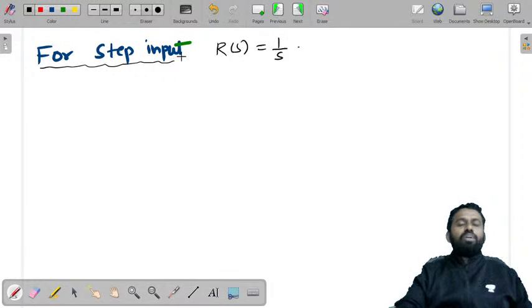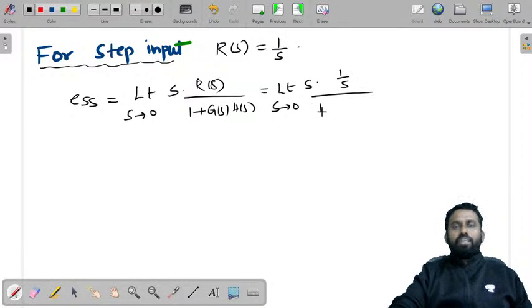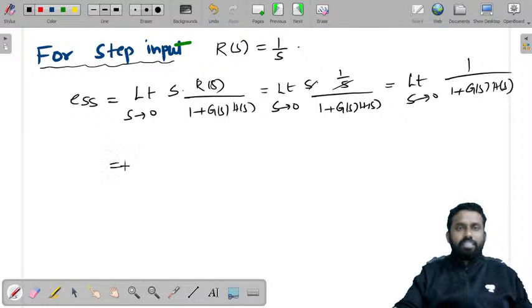Therefore ESS is equal to limit s tends to 0 s into R of s by 1 plus G of s into H of s. That is limit s tends to 0 s into 1 by s by 1 plus G of s into H of s. You can cancel this. So limit s tends to 0 1 by 1 plus G of s into H of s.